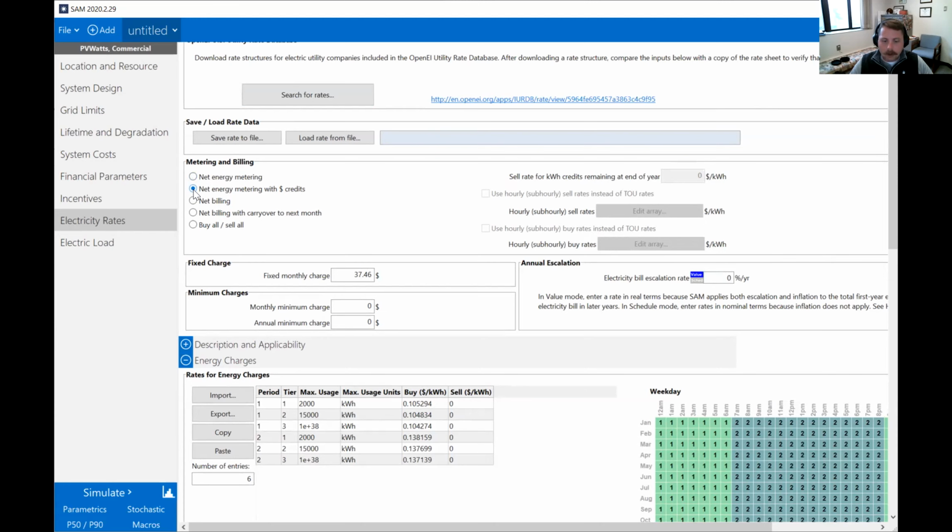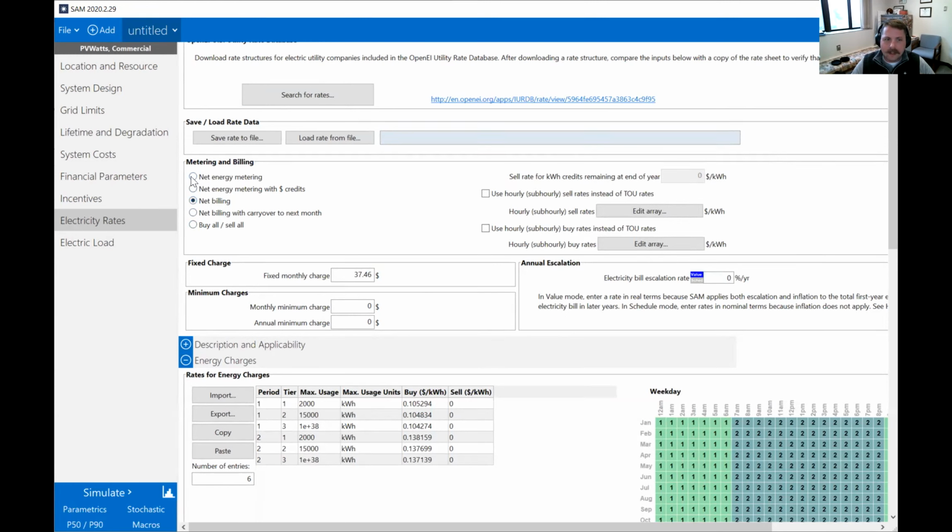If you're under PURPA, where you don't have net metering in your state by law, but you're under the federal rules, you click net billing. These are all behind the meter systems. If you end up being not behind the meter, with the solar on its own meter separately, maybe you'd be on a buy all sell all rate or something like that. But under the behind the meter scenarios, these top three are really the most important.